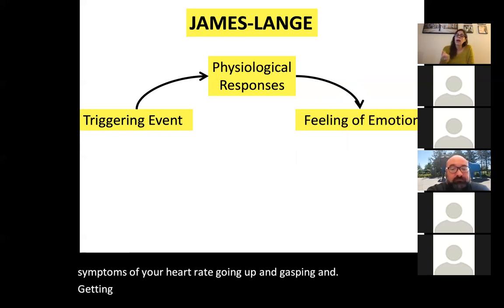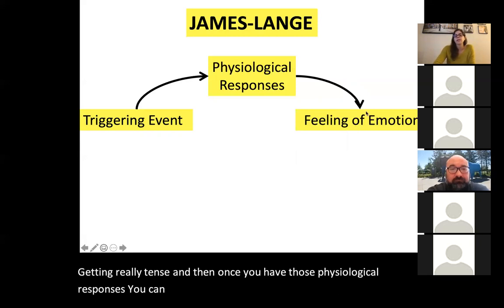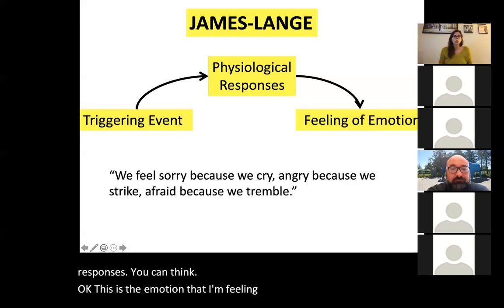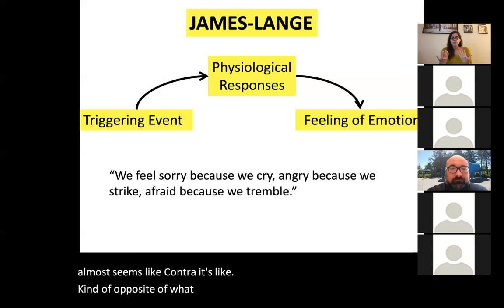And then once you have those physiological responses, you can think, oh, okay, this is the emotion that I'm feeling because of these things. So it almost seems kind of opposite of what your common sense would be.